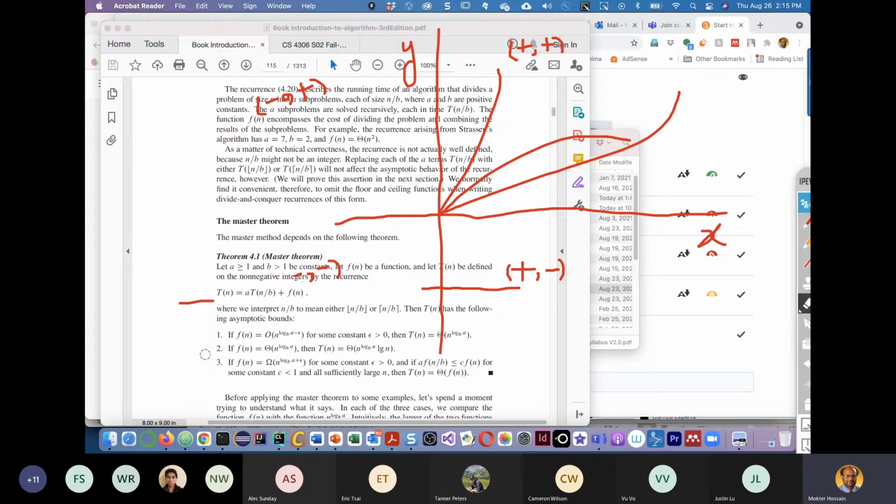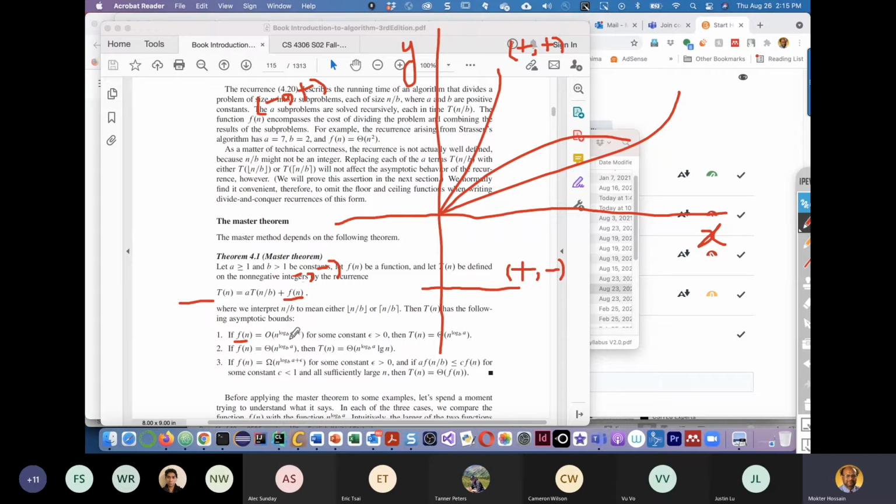And these are the three cases for the master theorem. Number one: if f(n) is another function, and f(n) can be written as big O of n to the power log base b of a.